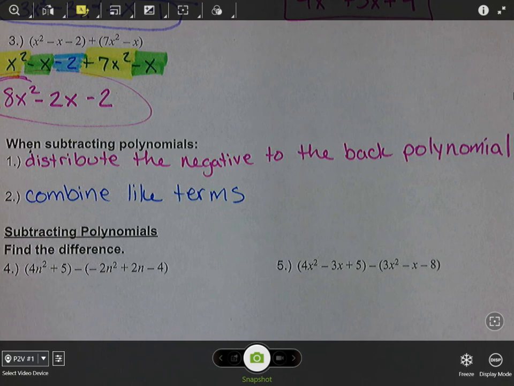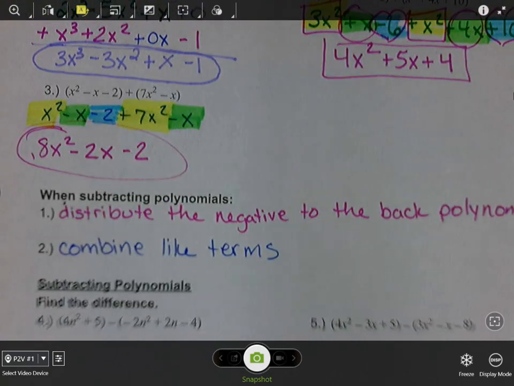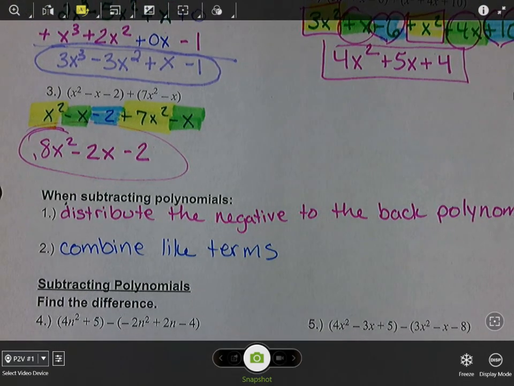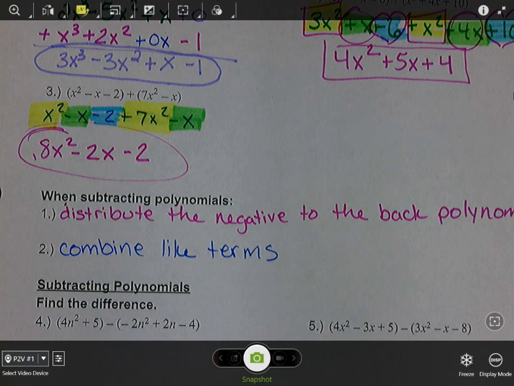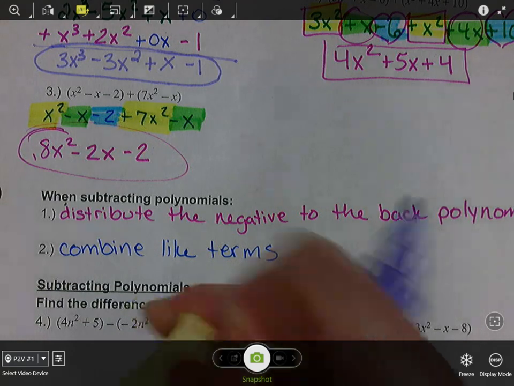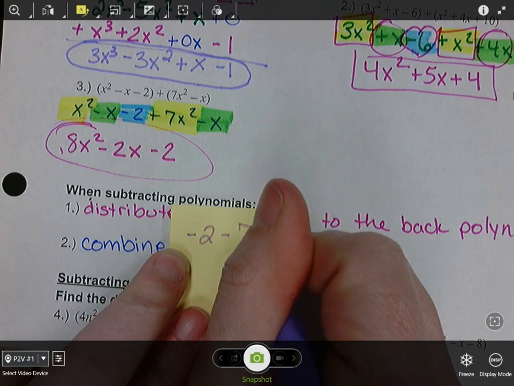Now, if you recall, all the way back to 7th grade, when you were subtracting and you were learning about negatives, you did this thing called keep, change, change. Let's say you had to do -2 minus 7.